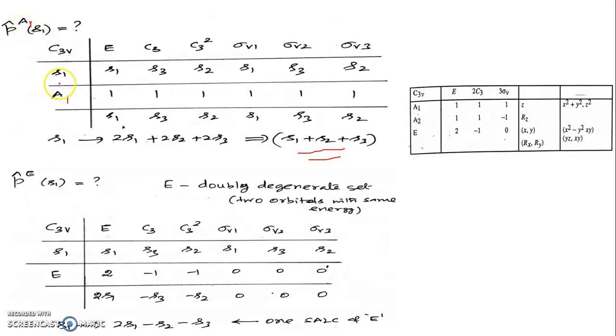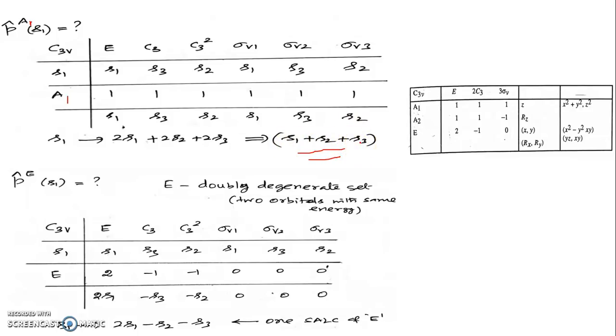I can say the other way. The SALC corresponding to A1 has this function. So the projection operator corresponding to A1 representation projects the function S1 to S1 plus S2 plus S3. Listen, all the s orbitals have the same sign, plus plus plus.